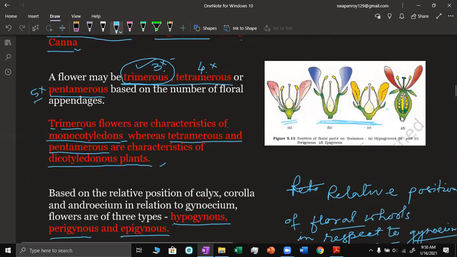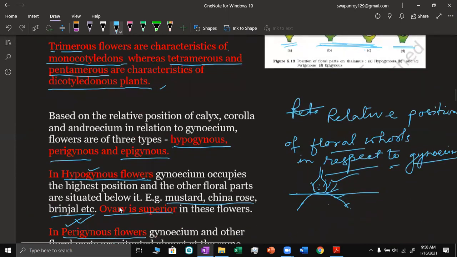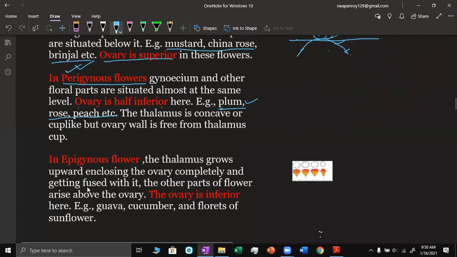And the third one is epigynous. Epi means above, so above the gynoecium level.